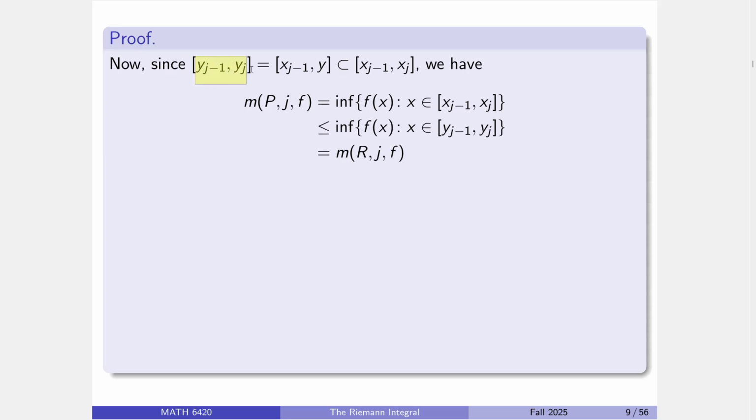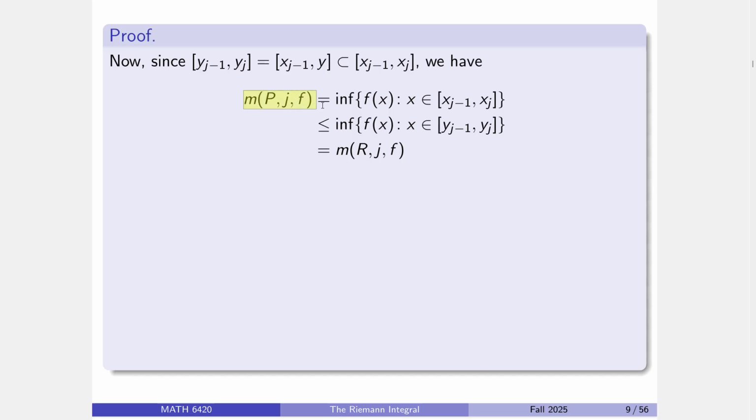Okay, so let's break down what happens there. So if I look at the j subinterval for R, okay, well, this is still x sub j minus 1, but y landed between x sub j minus 1 and x sub j. So this interval is contained in that interval, which means that the infimum on this set is no less than the infimum on this one, right? We removed points, so if you start removing things, the infimum can only go up.